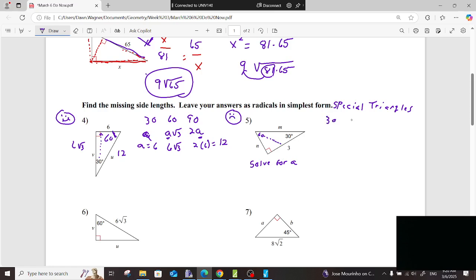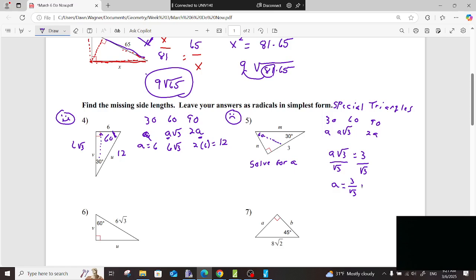I know that 30, 60, 90 is A, A square root 3, 2A. I'm given across from the 60, so A square root 3 equals what? 3. I need to divide by the square root of 3 to be able to solve it for A. Can I leave this as 3 over square root 3? No, I have to do what's called rationalizing the denominator.